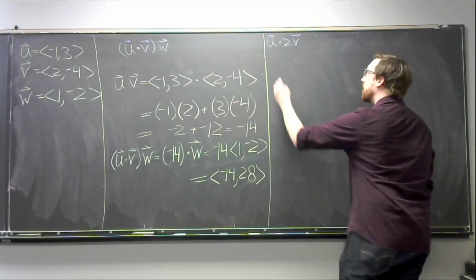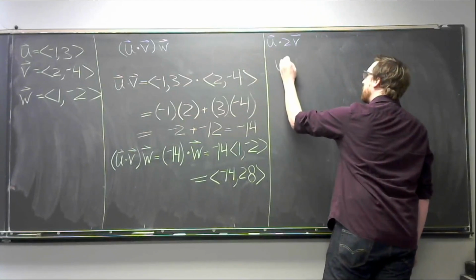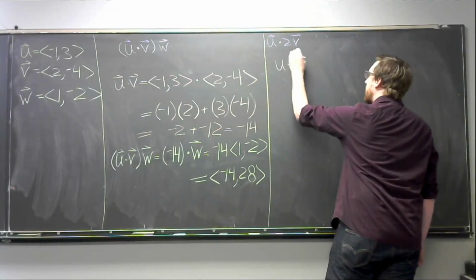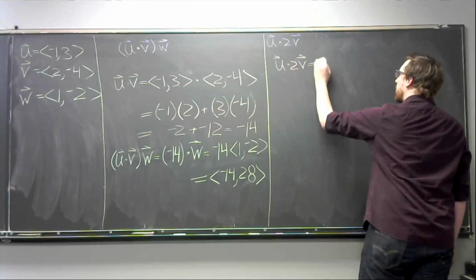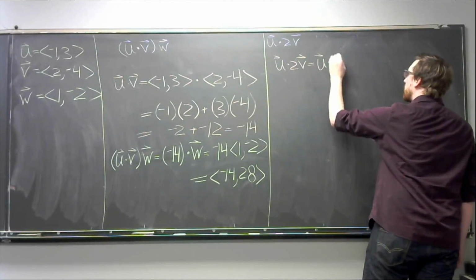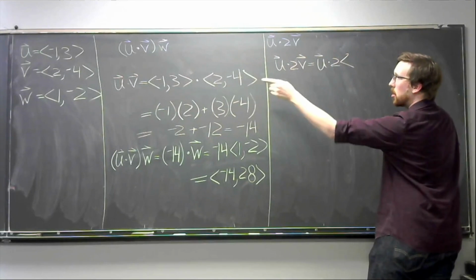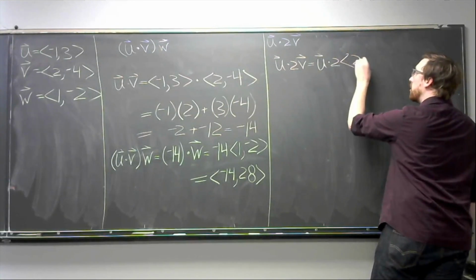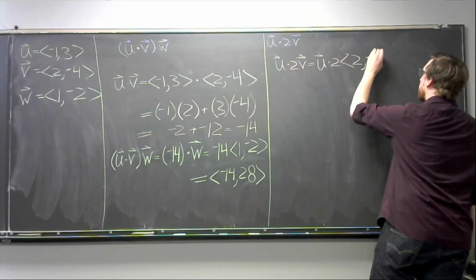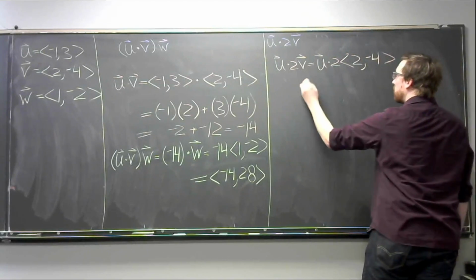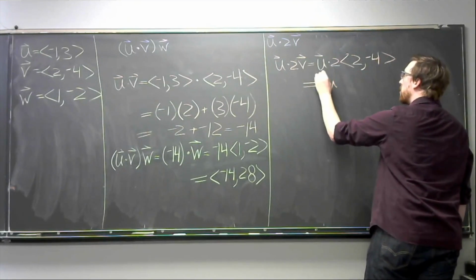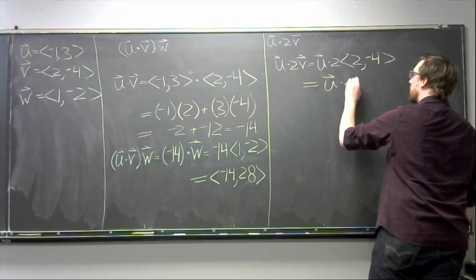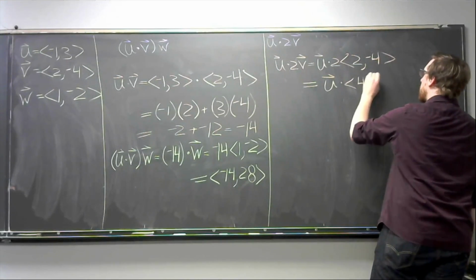u dot 2v is equal to u dot 2 times the vector v, which is 2, negative 4. This is going to be equal to u dot 4 comma negative 8.